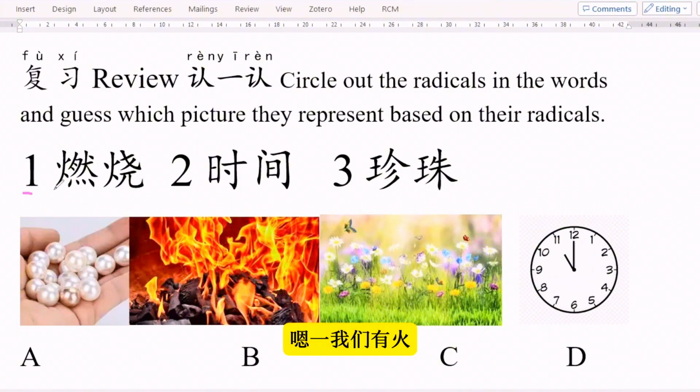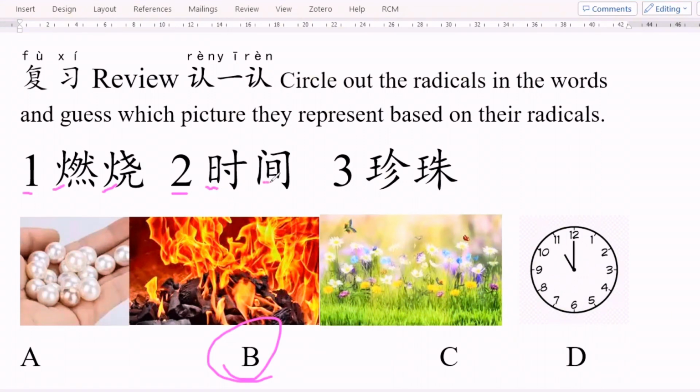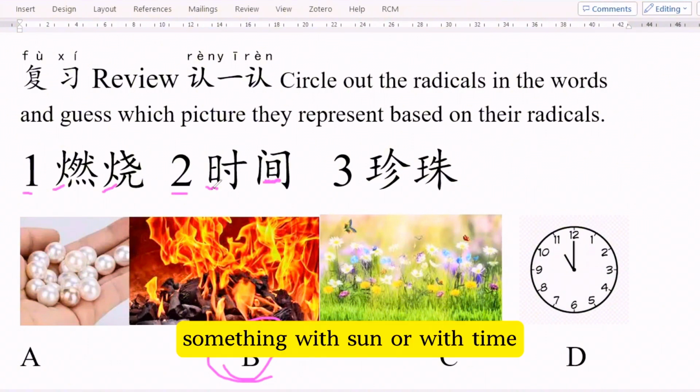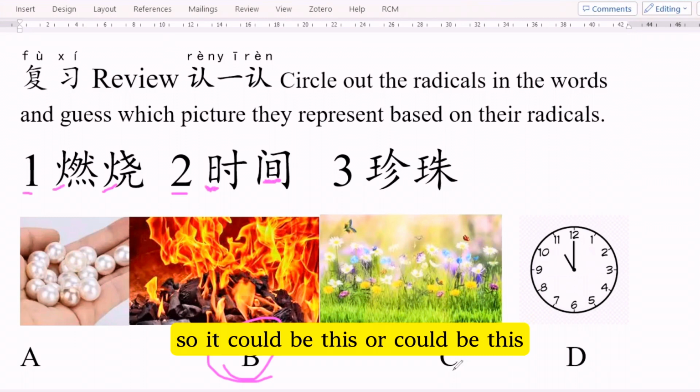一，我们有火，so possibly B. 二，there is 日, something with sun or with time. So it could be this or could be this.